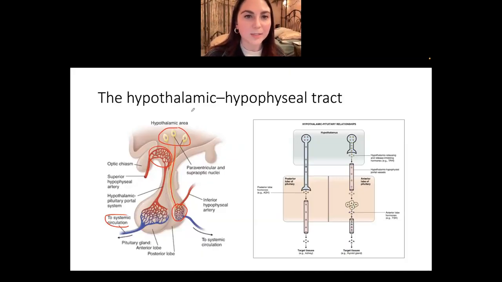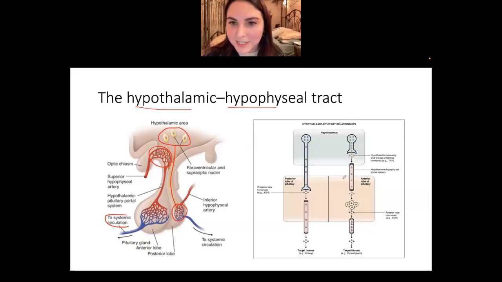Okay, so this whole thing is called the hypothalamic hypophyseal tract because it's coming from the hypothalamus and going to the hypophyses, whether it's the adenohypophyses or the neurohypophyses. So here's a picture from Costanzo, and you can kind of see which gland is which.